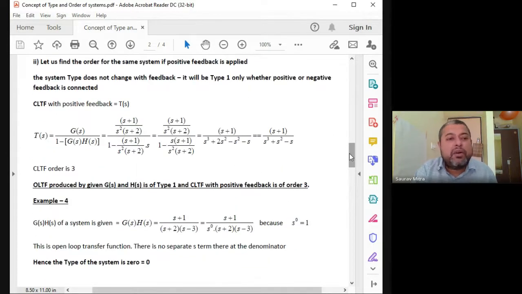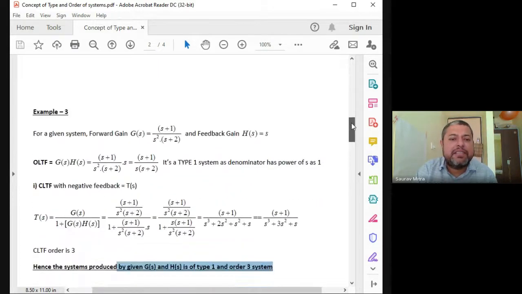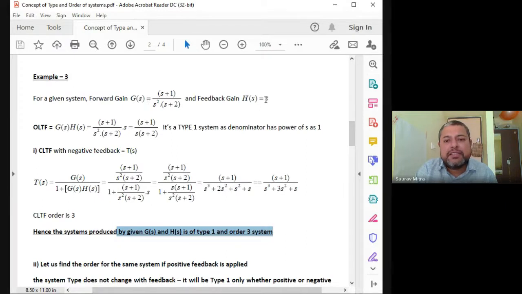Next, let us find the order of the same system if positive and negative feedback is applied. So CLTF with positive feedback, same thing. Whatever G(S) and H(S) are given here, this is G(S) and this is H(S).